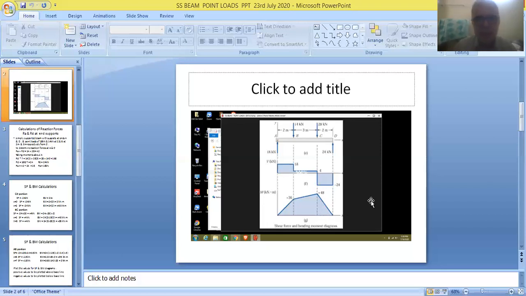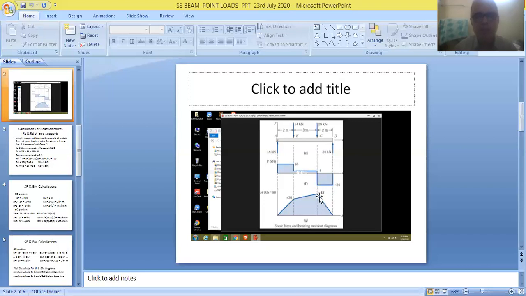And similarly, friends, all the values of bending moment are found to be positive. You can refer to the fourth and fifth slides. So we have obtained all the bending moment values as positive. So therefore, these values will be coming above the baseline. So at X equal to 0, bending moment is 0.